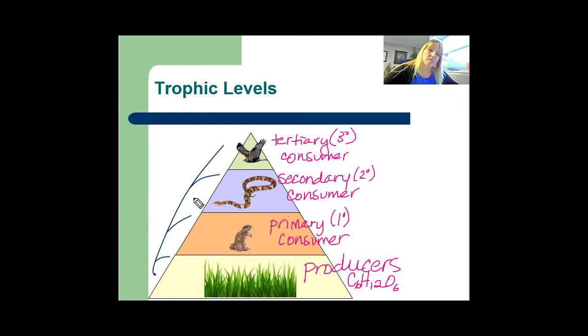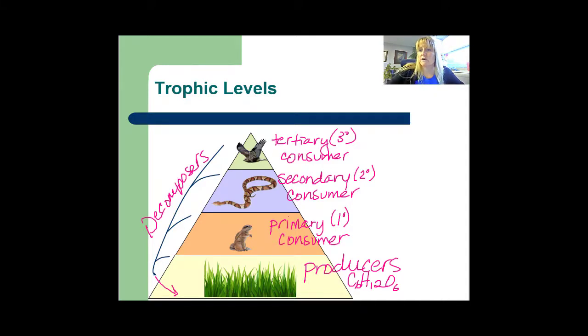And then you have the decomposers, which will cycle the nutrients, will get their energy from the dead material from any of these levels and cycle the non-energy nutrients back into the soil so that the producers can then gain those nutrients, use the energy from the sun to combine CO2 and water to make the actual glucose molecules or sugar-based molecules, carbohydrate-based molecules that they will later use for energy.